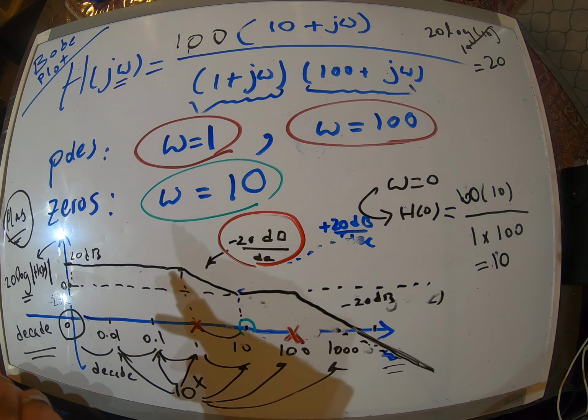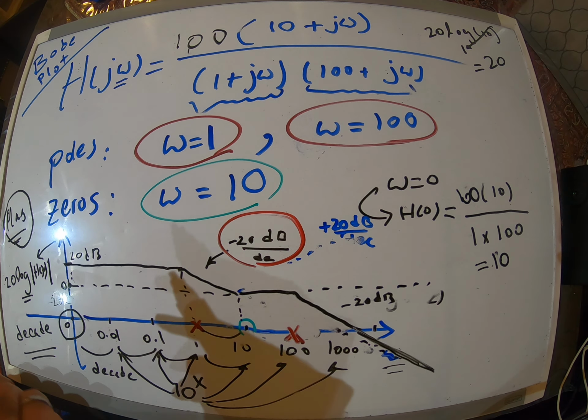It's not going to be exact. It's just a very good approximation, and it serves its purpose. The purpose is just to get an idea of the frequency behavior of our circuit or our transfer function.